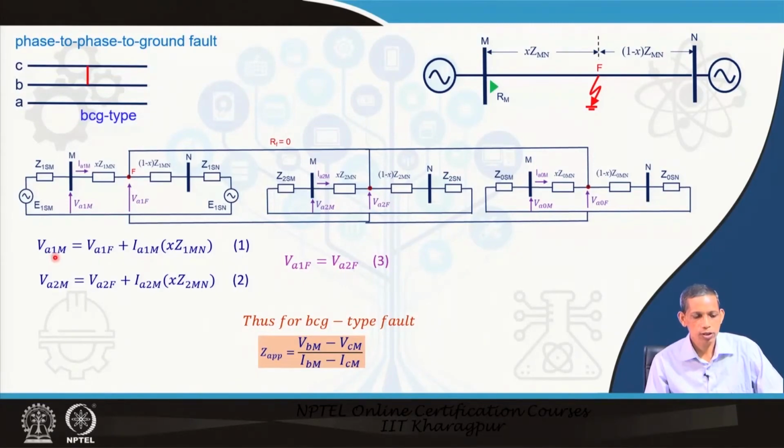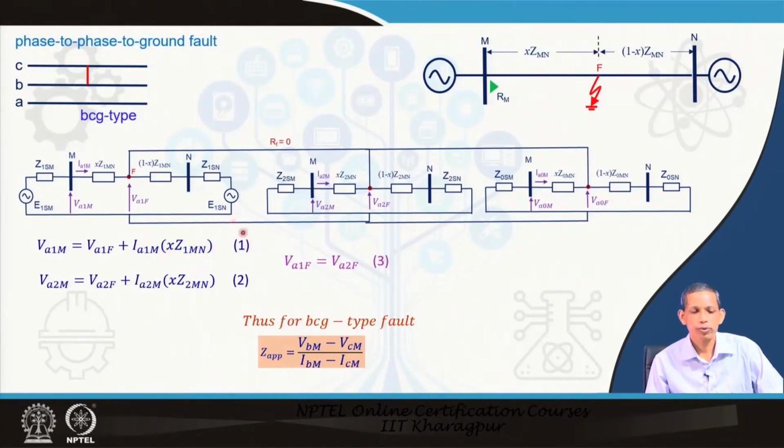Also here V A 1 M equals V A 1 F plus this drop, and V A 2 M equals V A 2 F plus this drop. So, these three relations are the same relations we saw for the phase B to phase C fault.